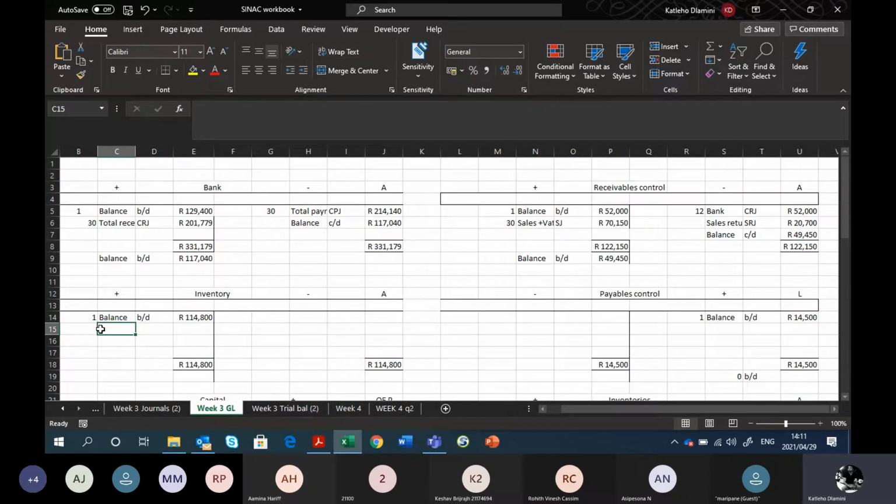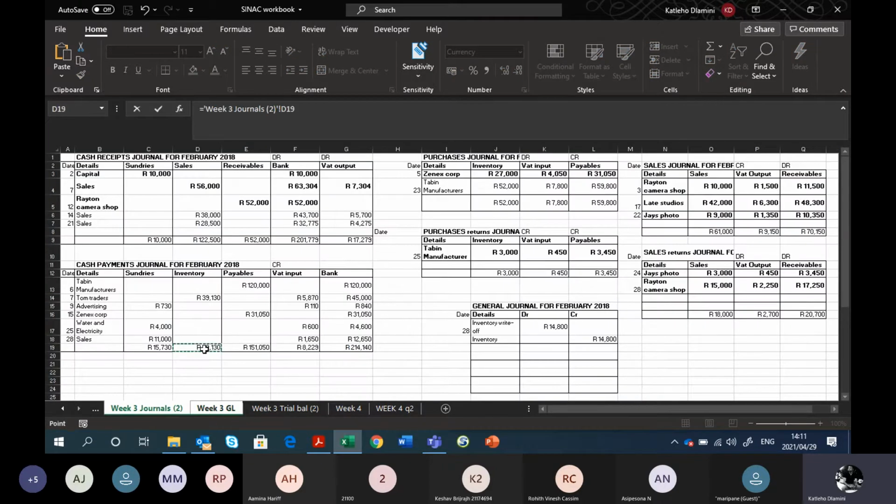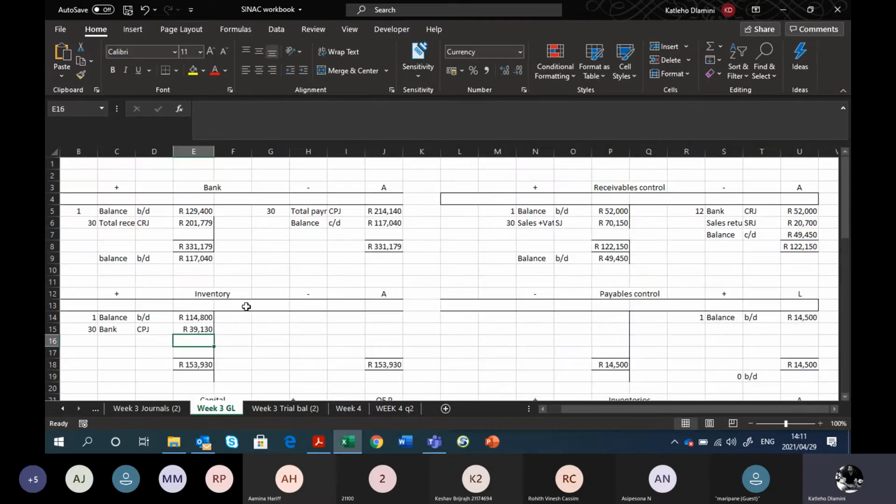So I have there bank, CPJ, and that's my inventories. I'm just gonna make that the last day of this month because I'm gonna grab it from the bottom. I'll just grab it from here, even though it's not necessary. Okay.